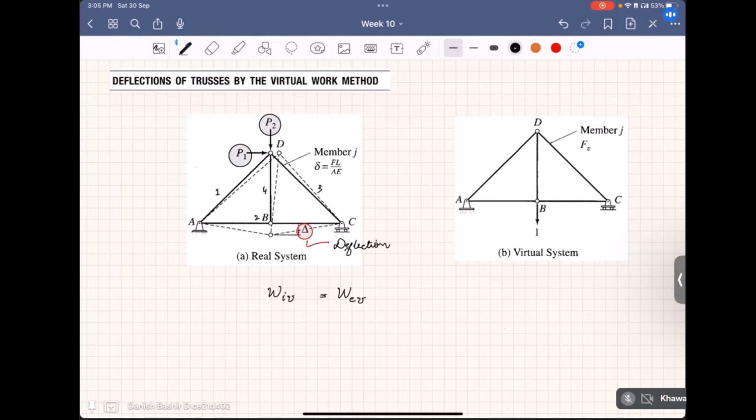In this real system, we already know that under any system of loading, deflection delta in a single member is given by FL by AE, where F is the member force in that member, and this delta is the elongation in any truss member.